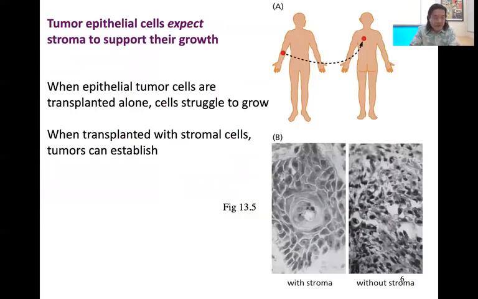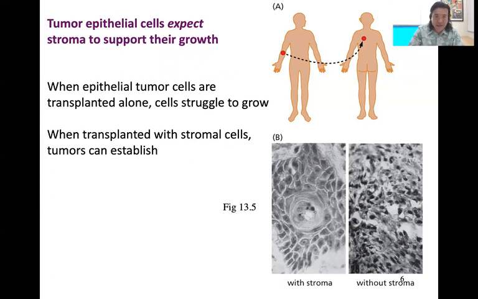Some of the earliest experiments, done in the 1950s or so, helped shed light on the importance of stroma somehow supporting these cancer cells, right? I think you may have wondered about this, and certainly early oncologists wondered about this. Once a cell becomes a cancer cell, does it really care about the stromal environment that it's in?